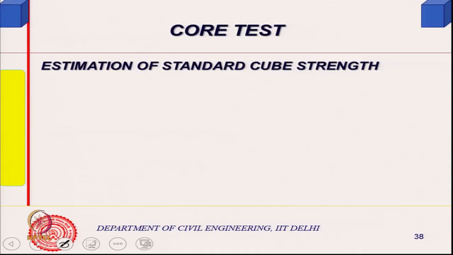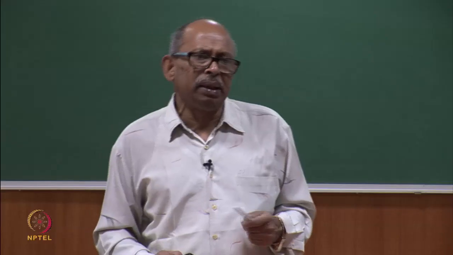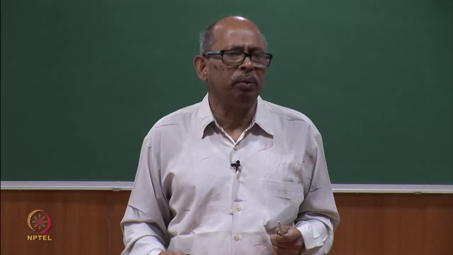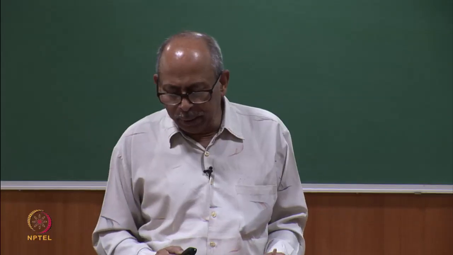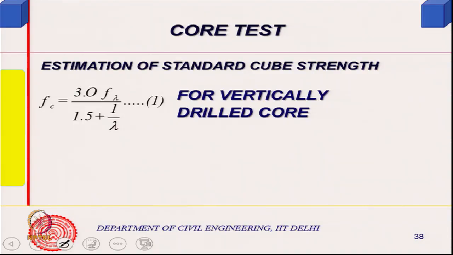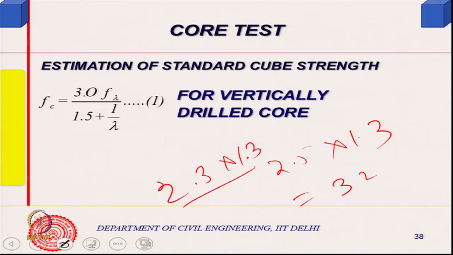Then they suggest that if you have a standard core and you want to find out standard cube strength, one suggestion is to multiply it by 1.3, but that is not the best way. So, a 30% increase. 2.5 into 1.3, you get something like 3.25, and 2.3 into 1.3, you get around 3.